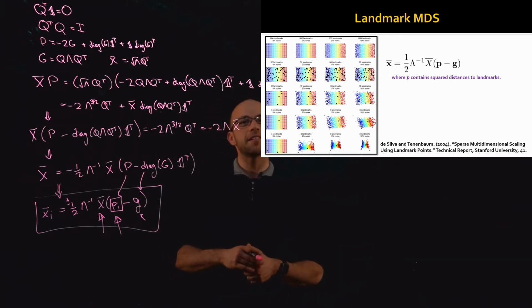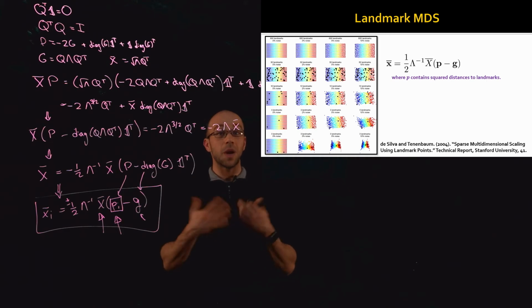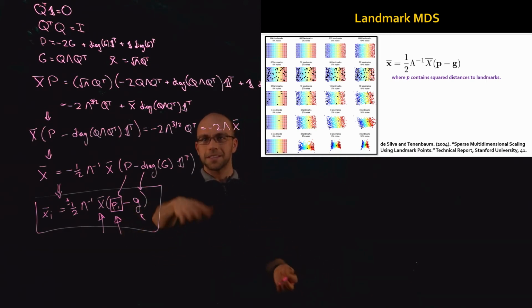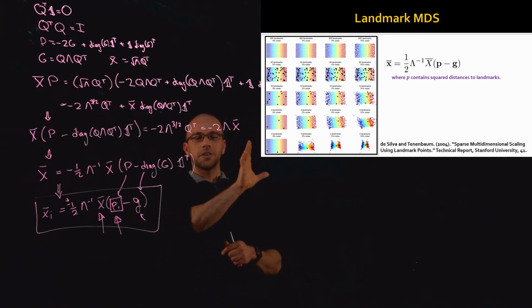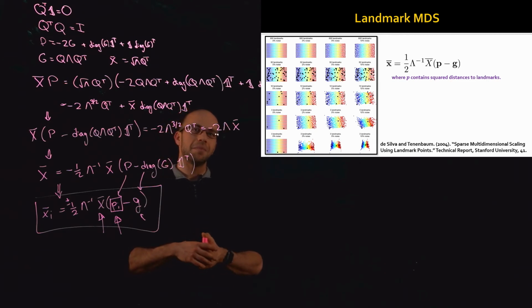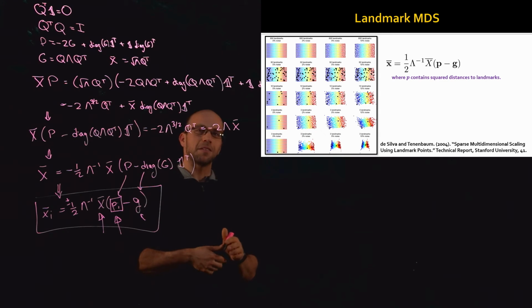So this technique is called landmark MDS. It's particularly useful if my data set is really, really big. One thing I can do is randomly subsample my data, embed that, and then use this formula to extrapolate where everything else goes. So that's what you're seeing in the figure on the slide here. The black points are the ones that were actually embedded using MDS, where their pairwise distances are just distances between those points in 2D.